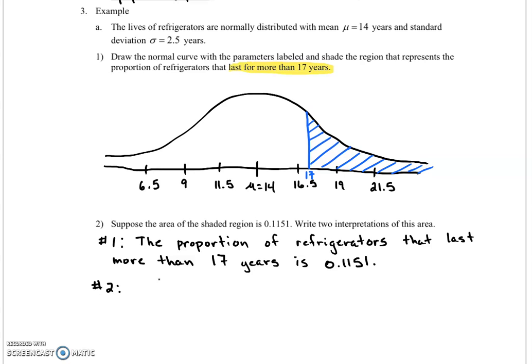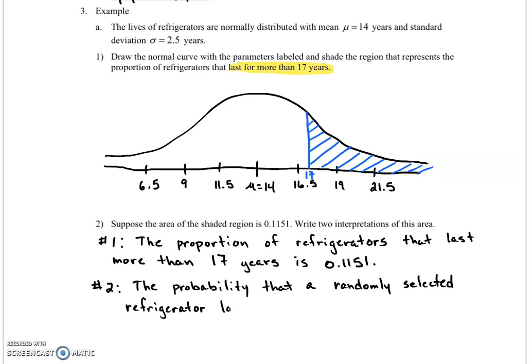Interpretation number two is the probability that a randomly selected, and remember randomly selected is important, so the probability that a randomly selected refrigerator lasts more than 17 years is 0.1151.